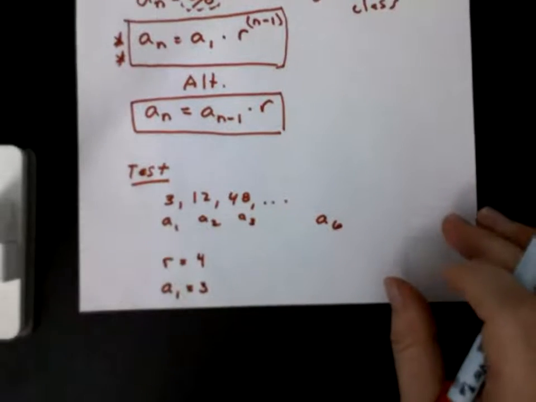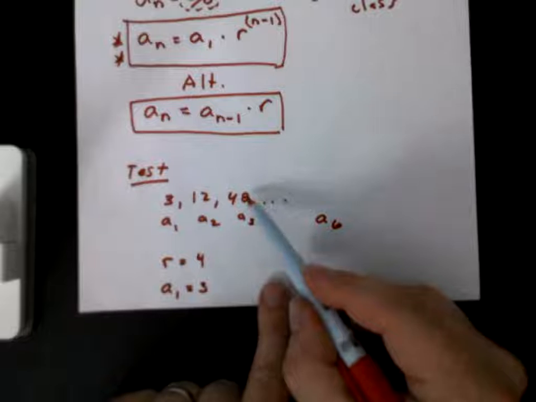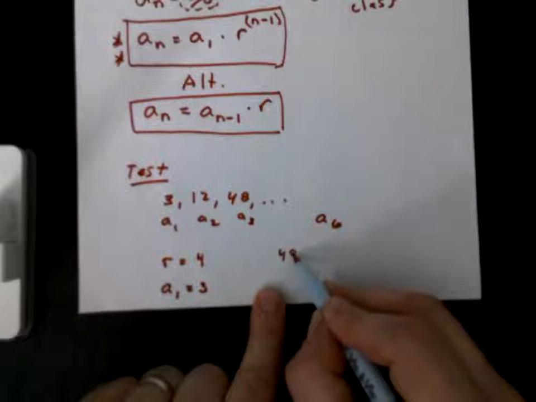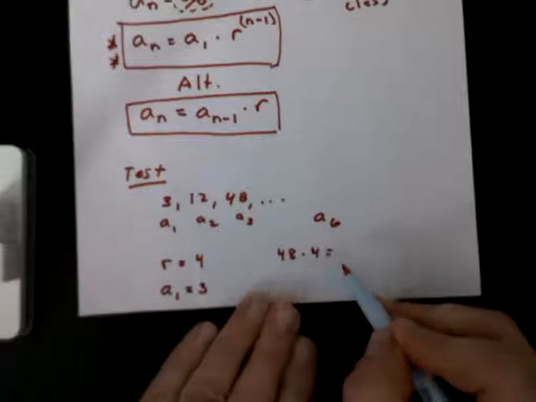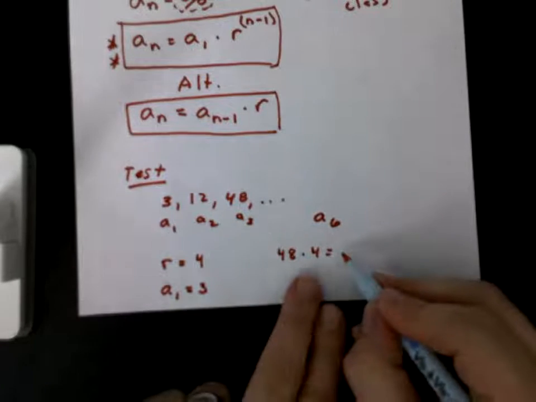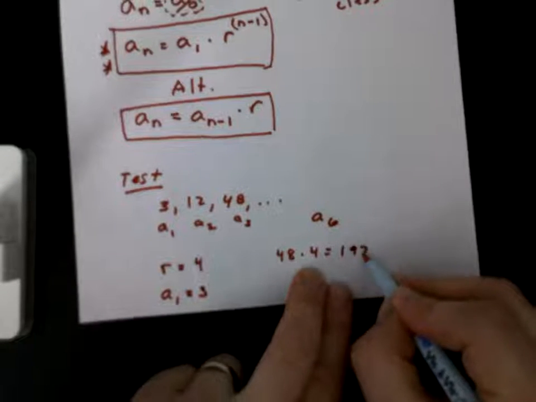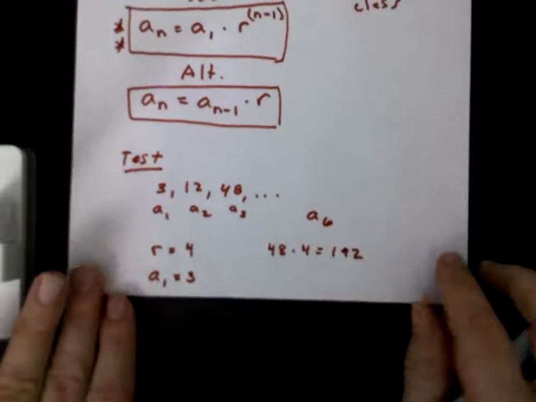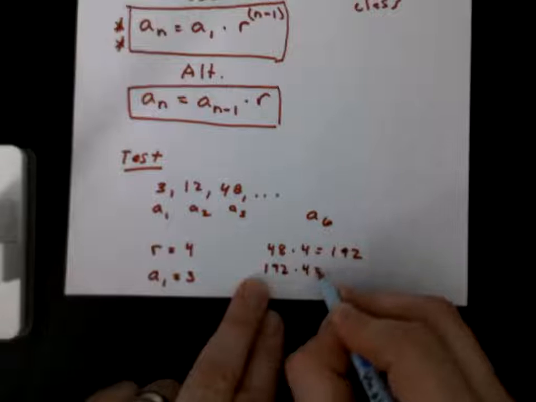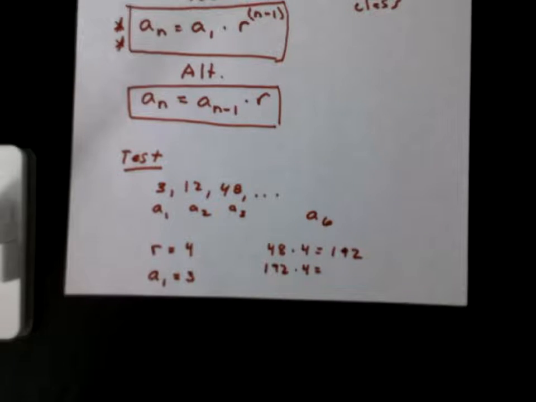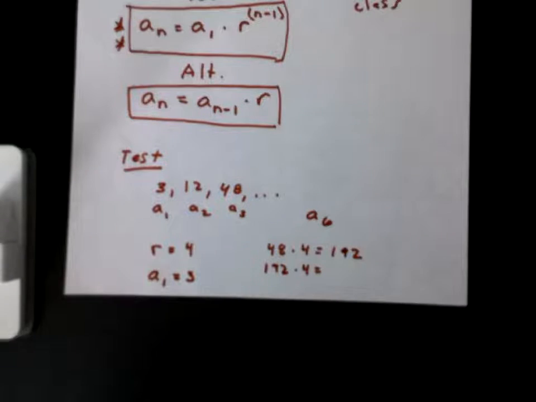We're going to test this theory out. We take 48 and multiply by 4. If you do the math correctly, that's 192. Keep doing it again: 192 times our common ratio of 4, and you get 768.